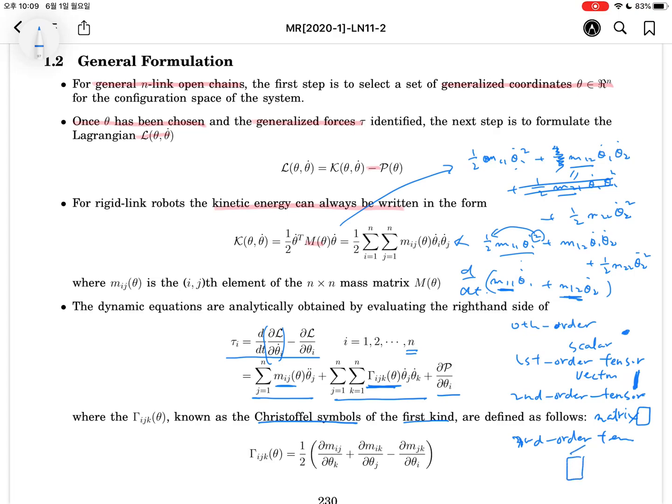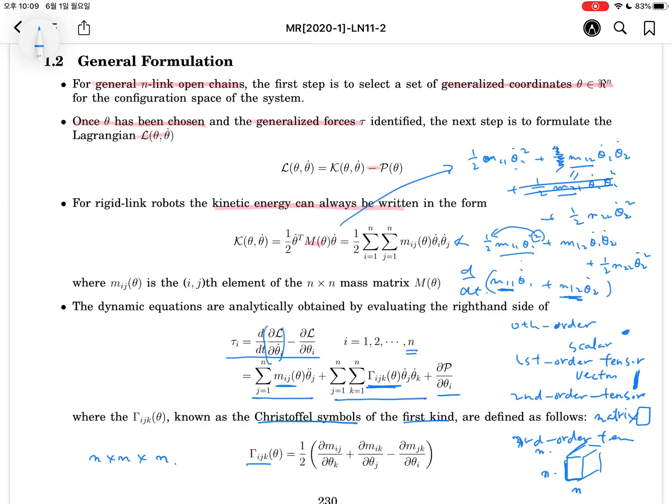The third order tensor will be the cube. The numeric data can be contained in some cube. So this is n-dimensional, the depth will be n-dimensional. So the Christoffel symbol can be written as an n times n times n tensor.